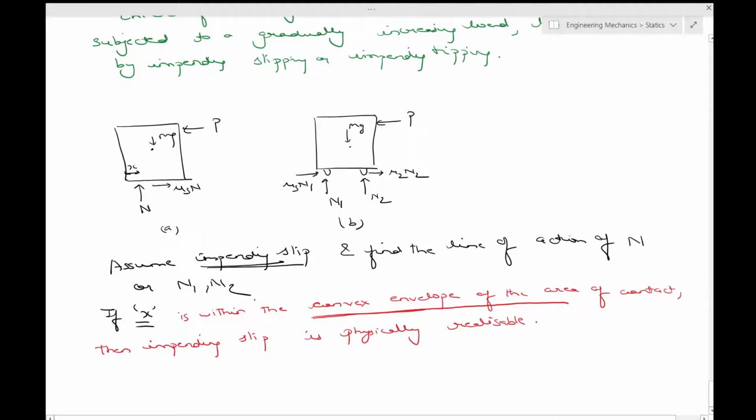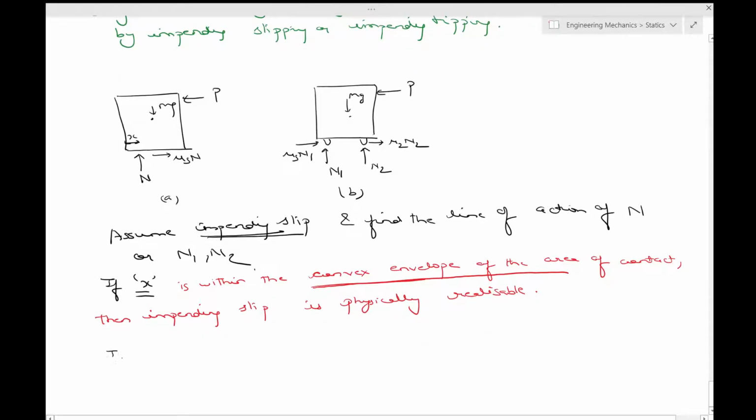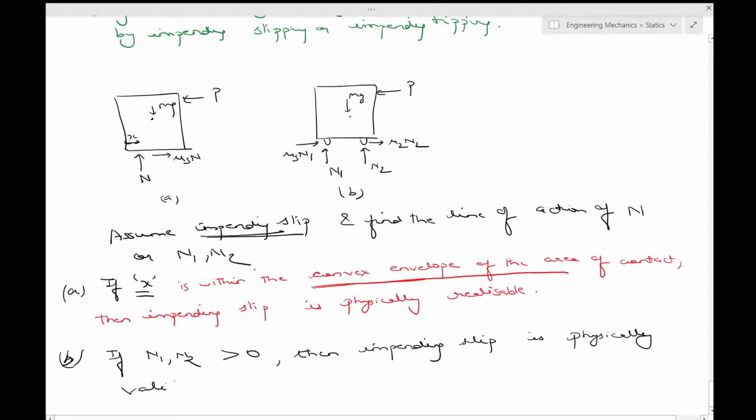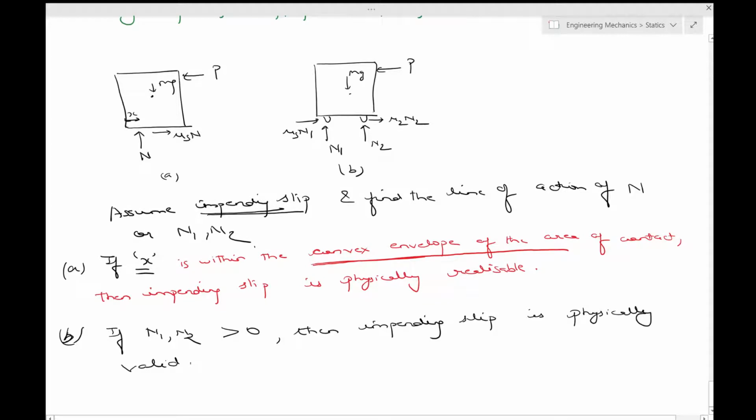Now in the second case, which is B, if N1 and N2 are greater than 0, then impending slip is physically valid.